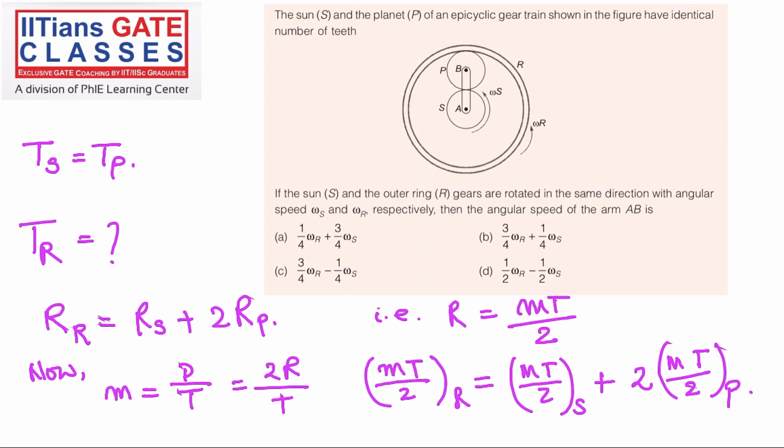Since the sun gear is in mesh with planet gear and the planet gear is in mesh with the ring gear, the module will be same, so we can cancel out the modules, right? 2 is common everywhere.